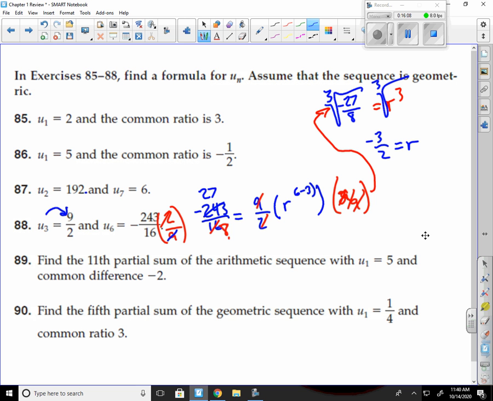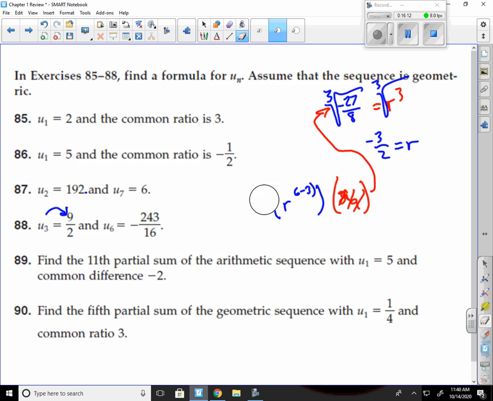So to find my u sub 1, I could do it a couple different ways. I could either go backwards, which would mean multiplying by the reciprocal. Should be 2/3. So 9/2 times 2/3, which is 3. That would give me u sub 2. Then multiply that by 2/3.